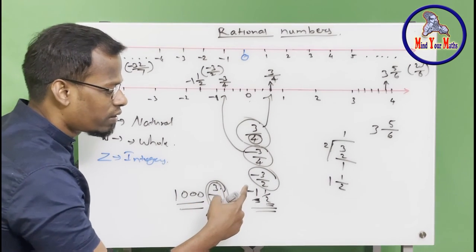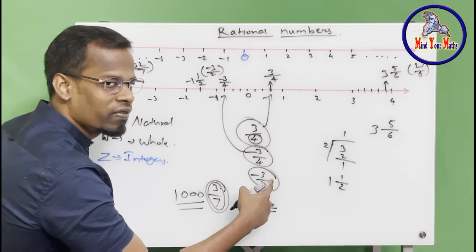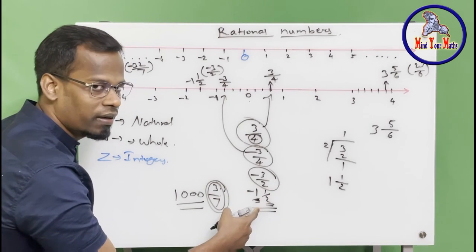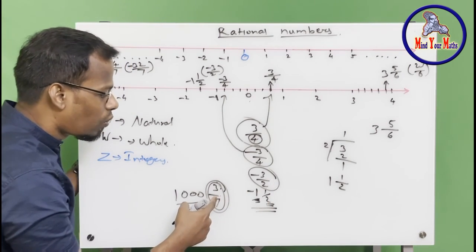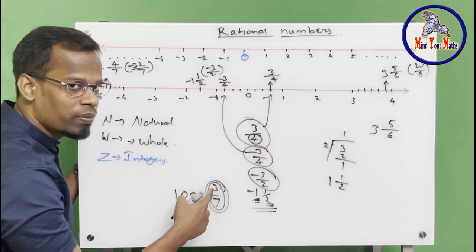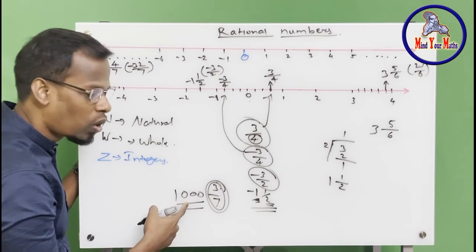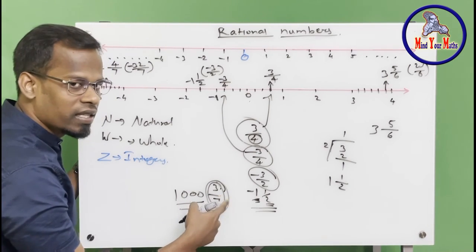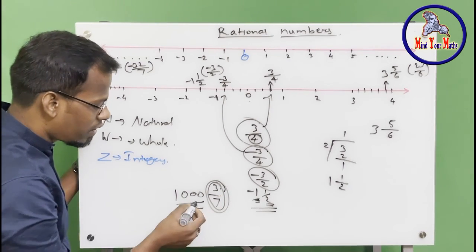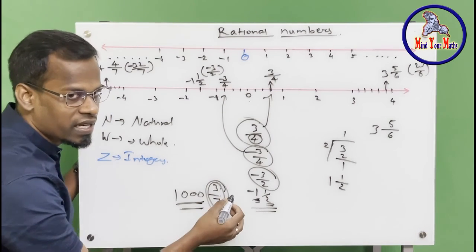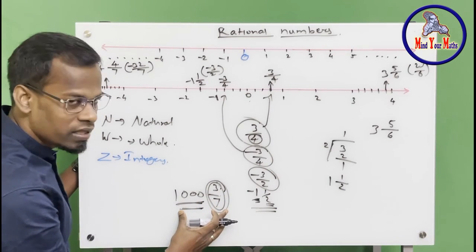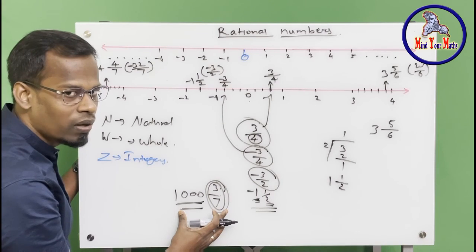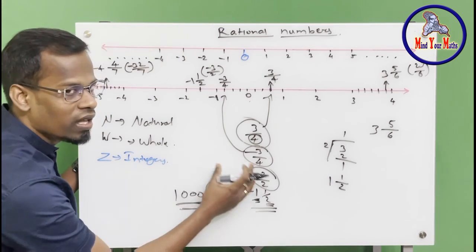When you convert an improper fraction to a mixed number, you should always get a proper fraction. This one is a whole number, this one is a proper fraction, and this number will fall between this whole number and its next number. In this case, this mixed number will fall between 1000 and 1001.